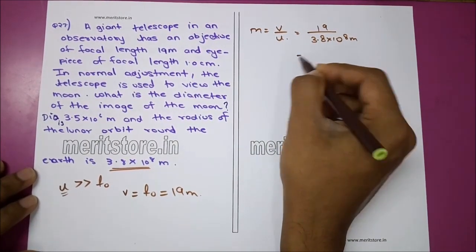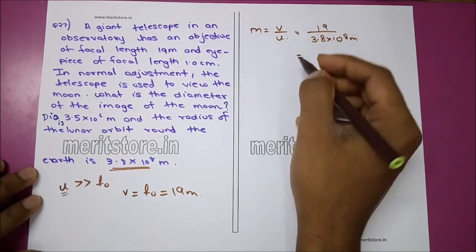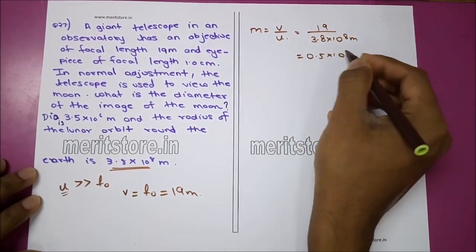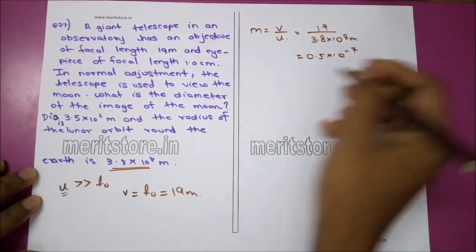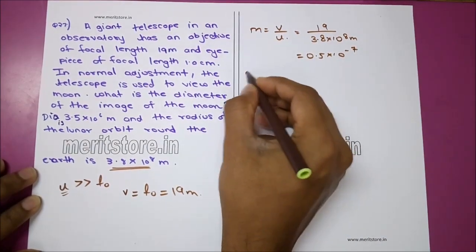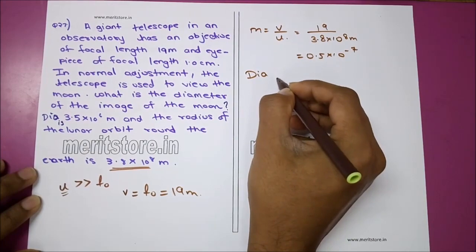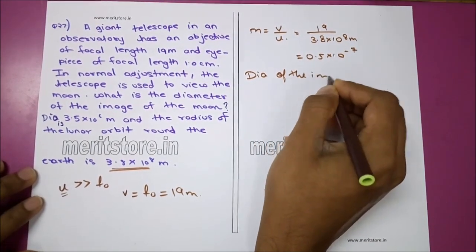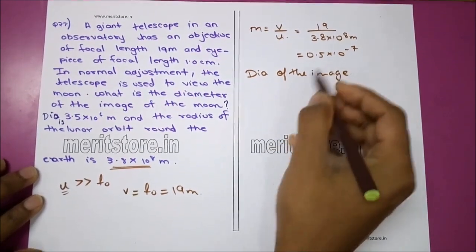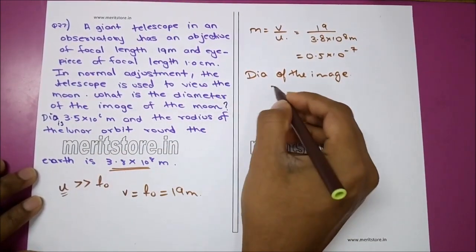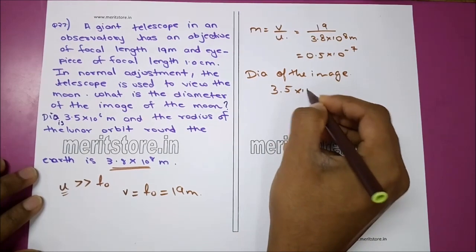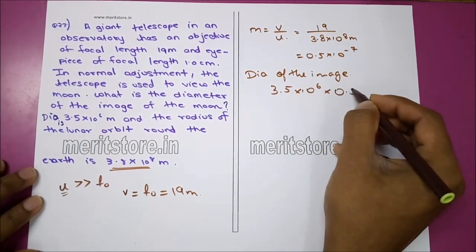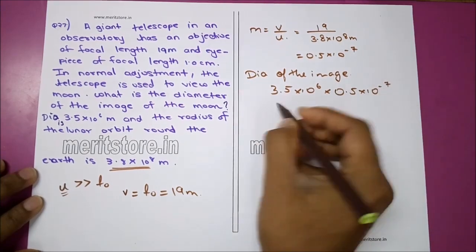So this comes out to be 0.5 into 10 raised to minus 7. Now the diameter of the image would be the actual diameter, 3.5 into 10 raised to 6, multiplied by the magnification, 0.5 into 10 raised to minus 7.